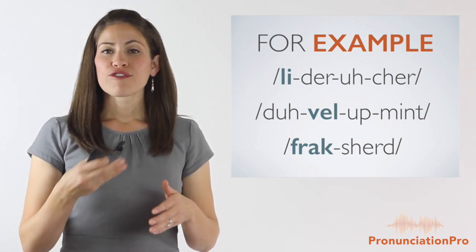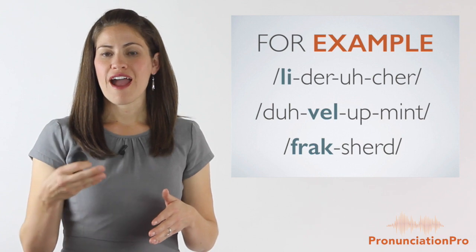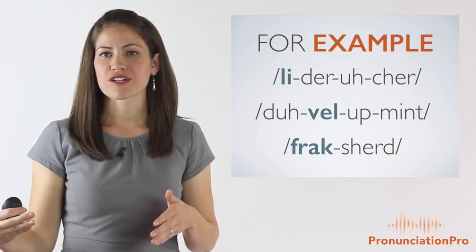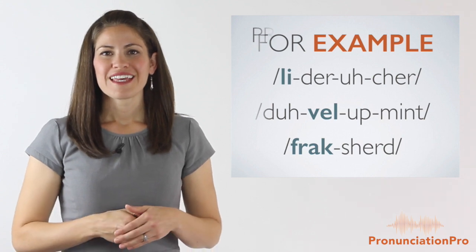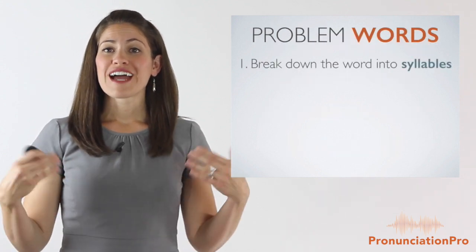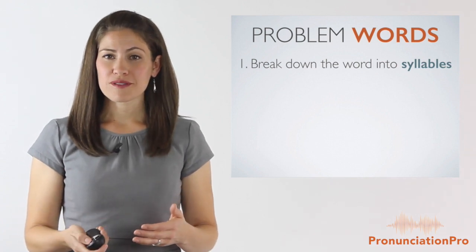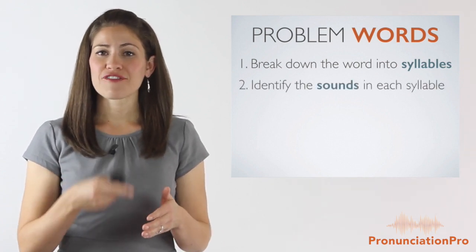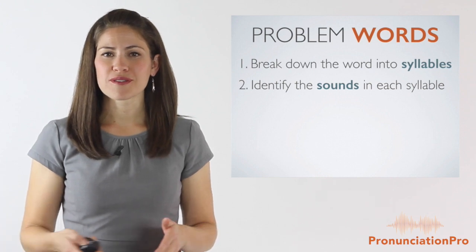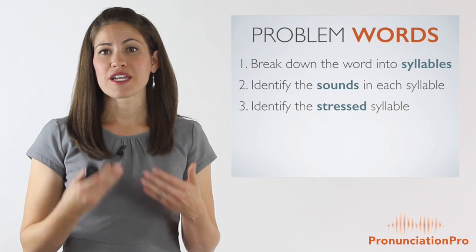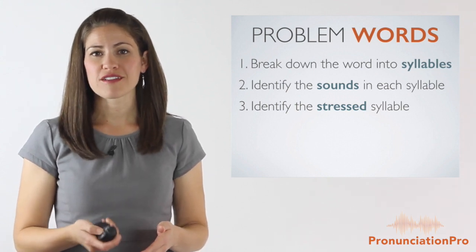Literature, development, fractured. Okay. All right, so as a review, we want to break down the word into syllables, identify the sounds in each of those syllables, and then identify the stressed syllable, because we want to make sure we're practicing it with the correct stress.